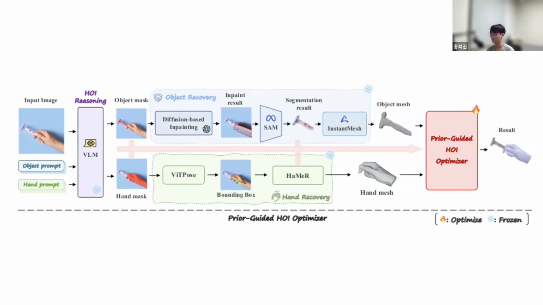Also, SAM segments the complete object, and finally, InstantMesh reconstructs the object mesh while Hammer simultaneously reconstructs the hand mesh. And there is hand object interaction optimization. The initial hand and object reconstructions are obtained separately, so they need to be optimized, and there is a result.